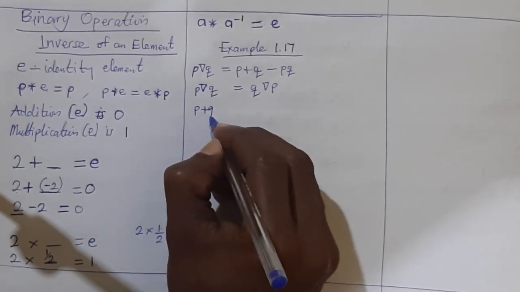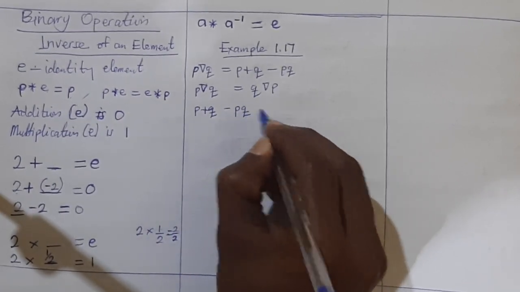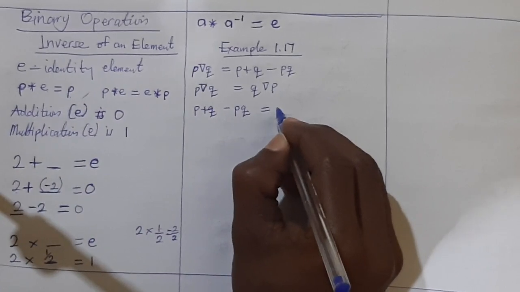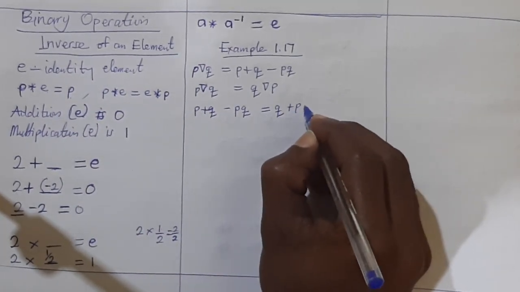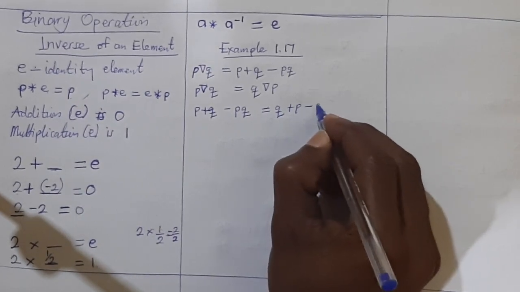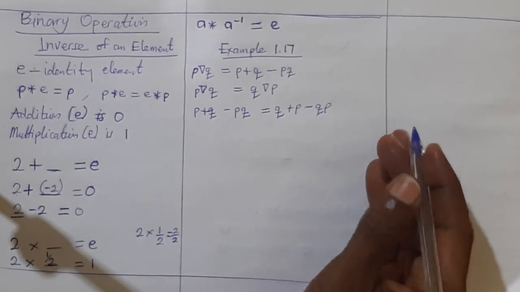P plus Q minus PQ is equal to Q plus P minus QP. Now we have to rearrange alphabetically.